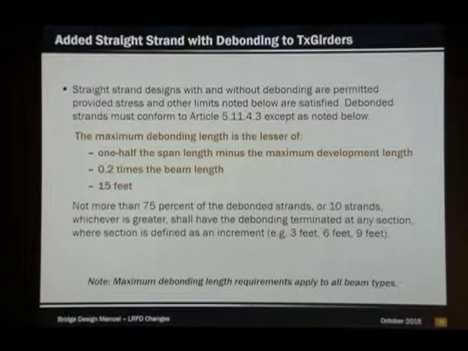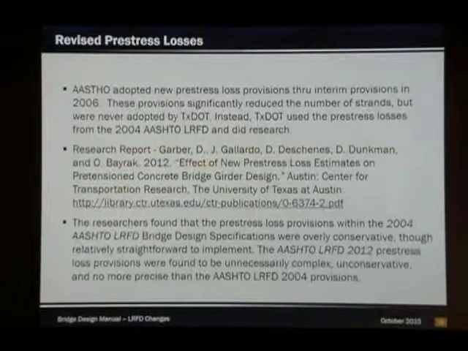And then also not more than 75% of the debonded strands, or 10 strands, whichever is greater, shall have the debonding terminated at any section, where the section is defined as an increment.